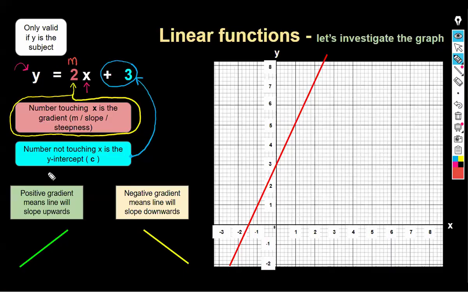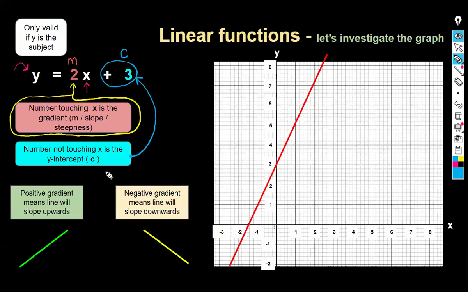And the y-intercept is represented by the letter C. That is why this topic is also called y is equal to mx plus c. M is whoever is touching x, and he represents the word gradient. C is the number not touching x, and he represents the phrase y-intercept.